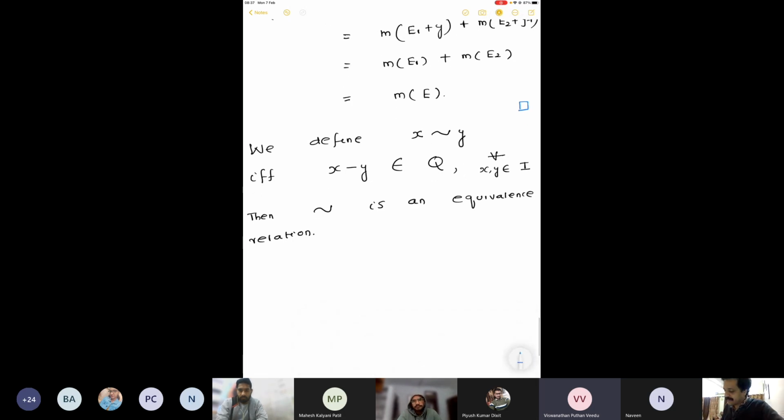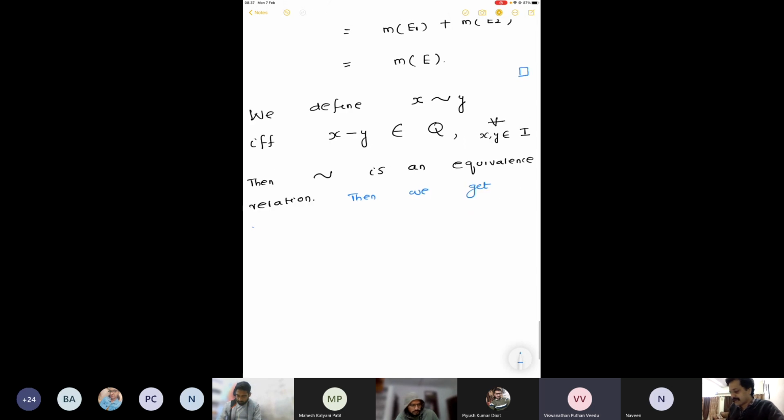Partition of the set. Then we get equivalence classes. I will not write the definition; we have seen this.